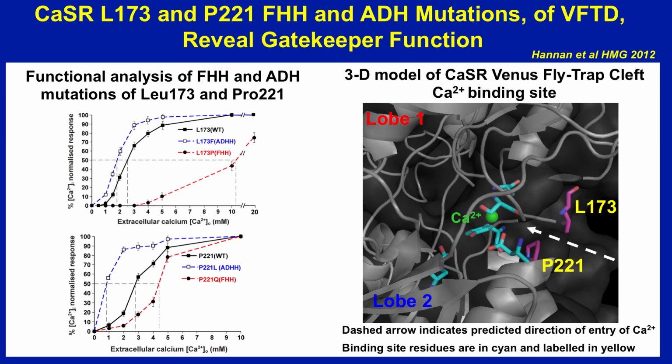Now, if you mutate this leucine at 173 into a proline, you get FHH. If you mutate it instead to a phenylalanine, you get ADH. So here you have the same residue, and you mutate it into 2 different amino acids, and you get 2 completely different phenotypes.